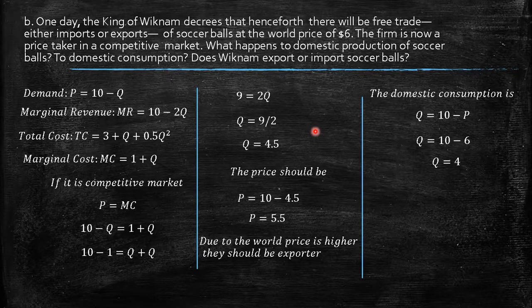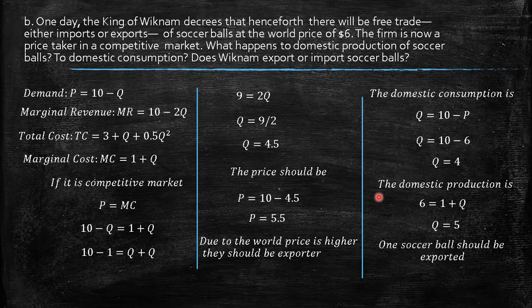Definitely it is better than the monopolist, because remember, for the monopolist the quantity demanded was 3. And then the domestic production, you just go to the marginal cost, which at the end of the day is the supply curve, and the world price should be 6, and then q equal to 5. So if you take the difference between the domestic production and the domestic consumption, this gap should be the exportation, which is 1.